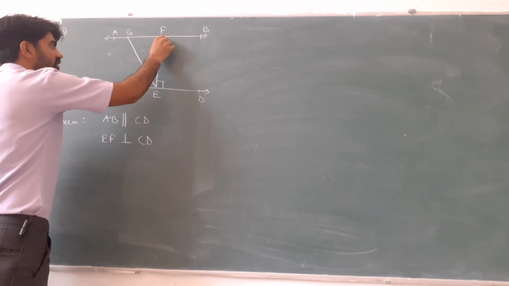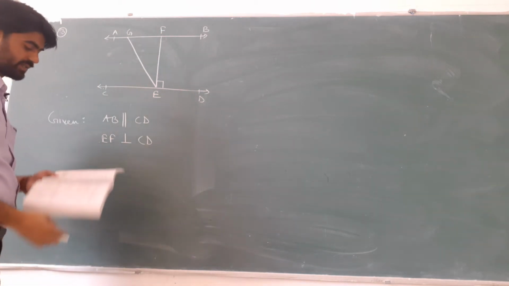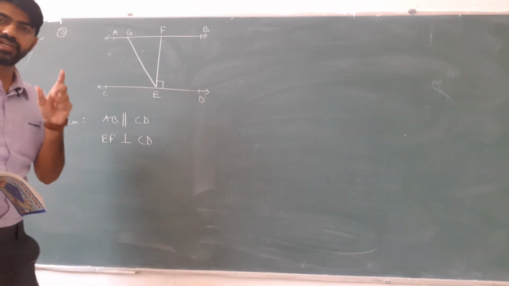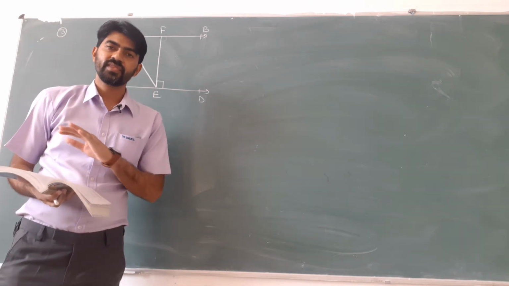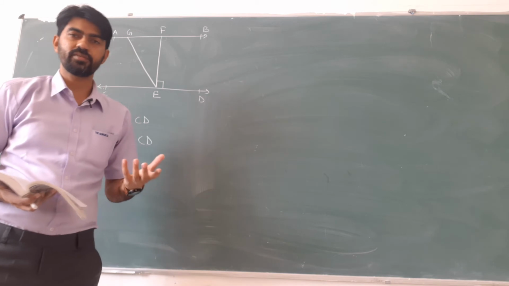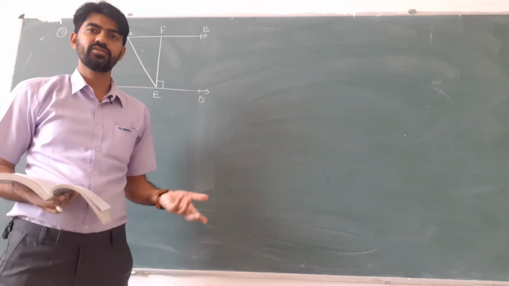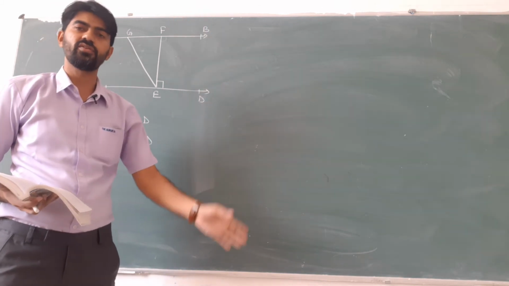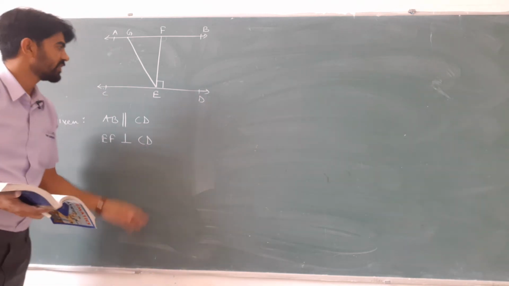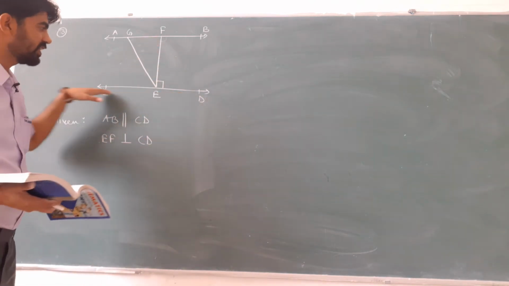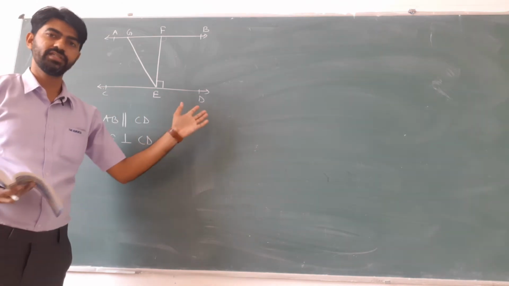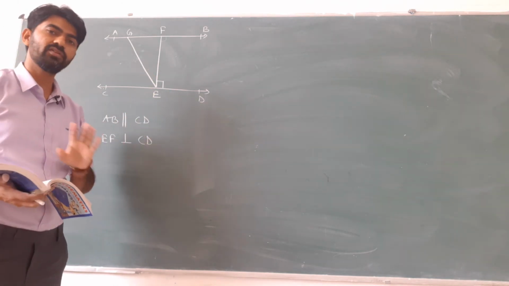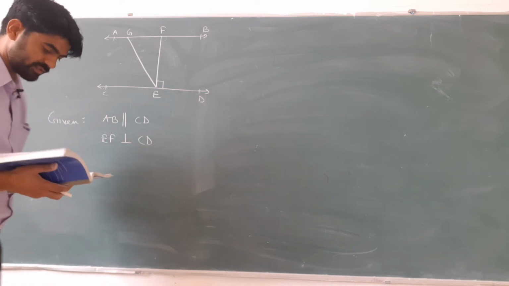Okay, so this angle will also be 90. If a line is perpendicular to another line and we have some more lines which are parallel to the second line, so the first line will be perpendicular on all the lines. Okay, if EF is perpendicular on CD and we draw many lines parallel to CD, so EF will be perpendicular on all those lines.